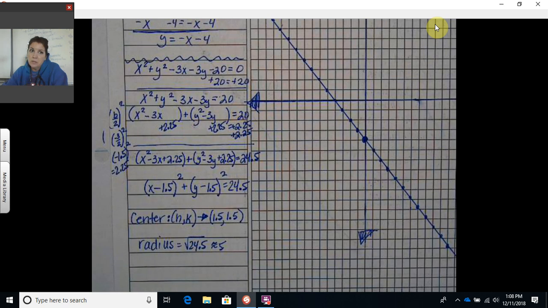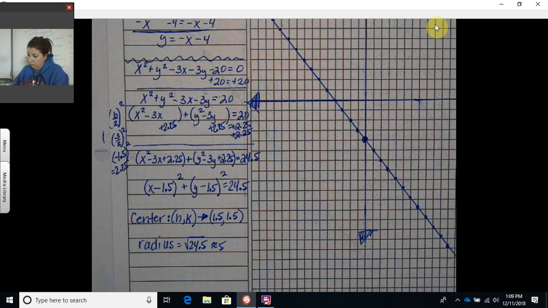Sometimes when you round and you're graphing freehand, it's not going to be perfect, right? And the radius is a decimal, so we have to estimate that as well. So this is a prime example of when graphing is not the best way to solve this. Sometimes algebraically is the best way.